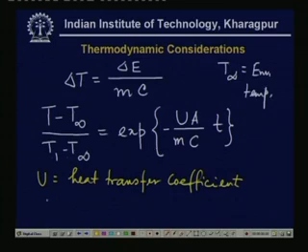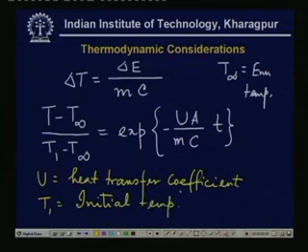Now, T1 is the initial temperature, that is the maximum temperature. So, we see that, given an initial difference between the temperature in the body and the environment, the difference of temperature at any time t is related by this expression.